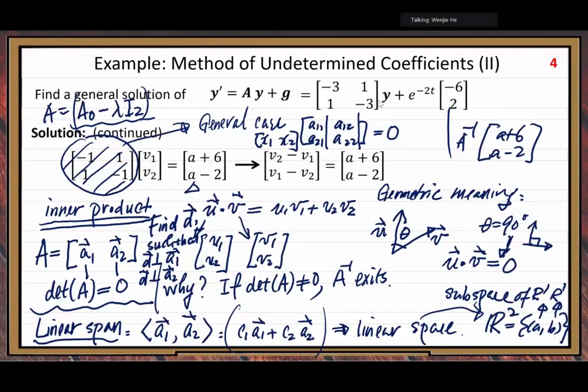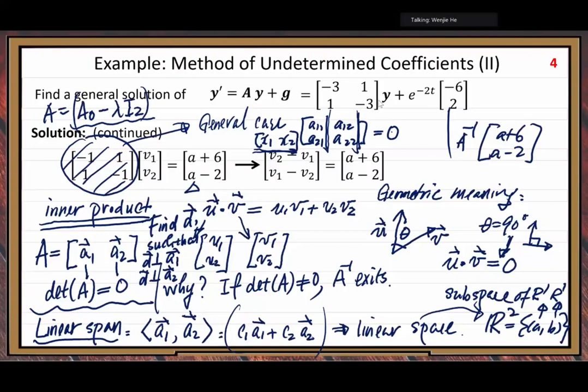When you multiply a row vector by a column vector, you do an inner product, and that inner product equals 0.